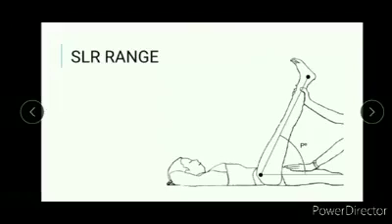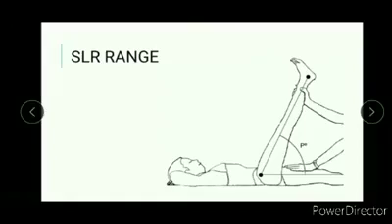This is a passive test. Make sure the contralateral limb is maintained in neutral position. The therapist will stabilize the knee joint in full extension and go for passive hip flexion. Normally, the range of hip flexion with the knee in full extension is around 70 to 90 degrees, depending upon the flexibility of the hamstring.